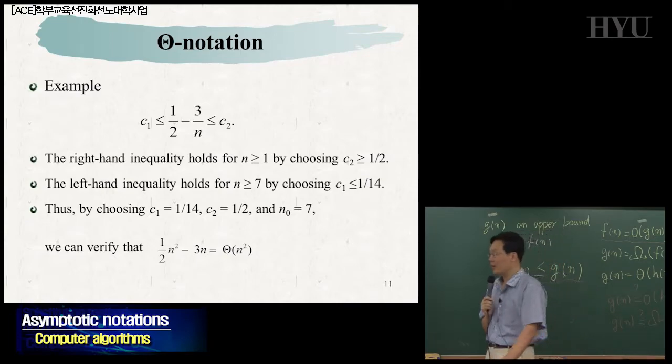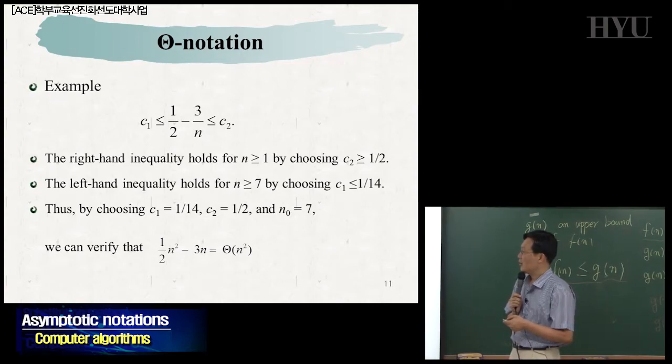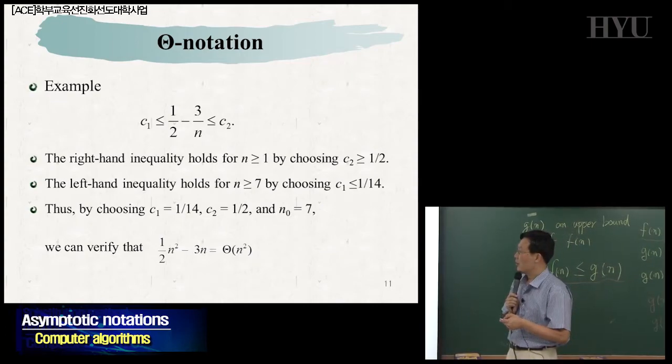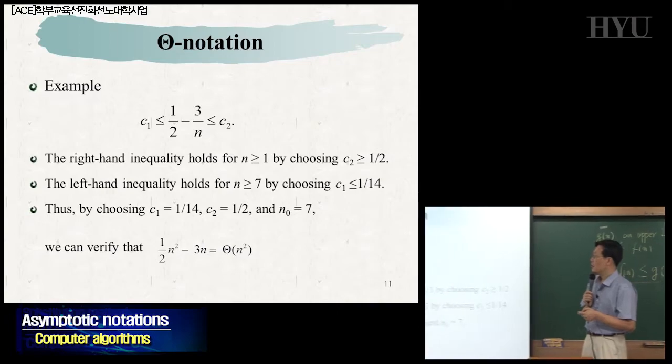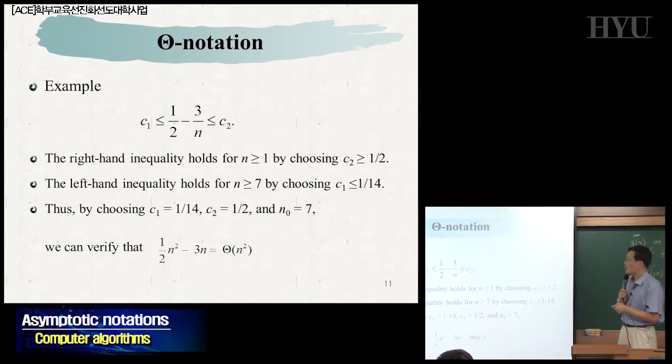But in this case, C1 should be positive. When n is 1, it is negative. When n is 2, it's still negative. When n is 6, it's 0.